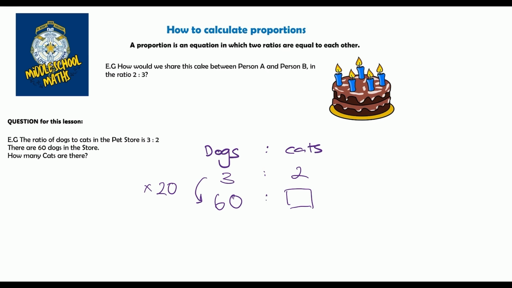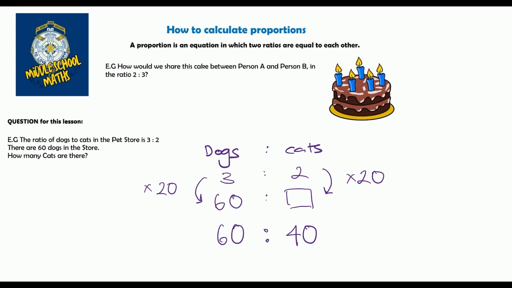Now, what we do on one side, we must do to the other side, because that makes the ratio equal. It makes it a direct proportion. So we times by 20 on this other side. And we end up with 60 dogs and 40 cats.